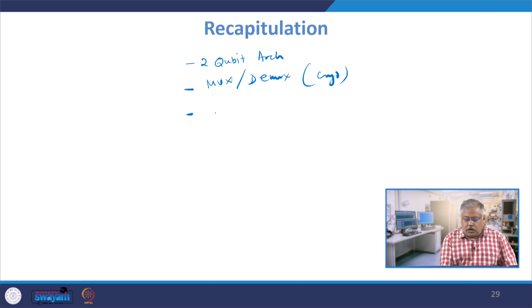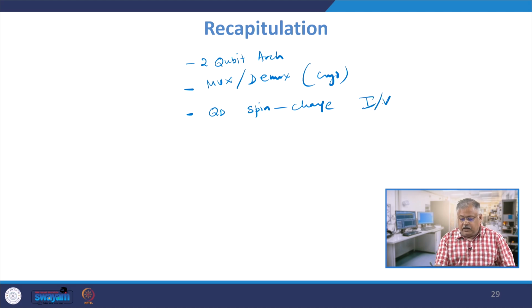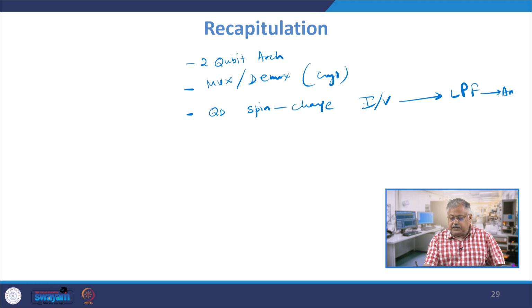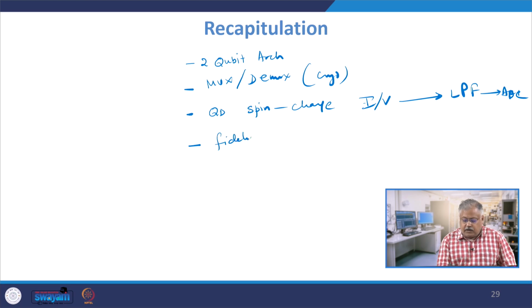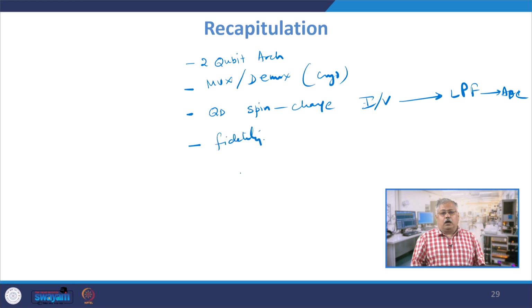We also saw various mechanisms of quantum dots and how I am able to convert a spin to a charge for extraction, and I should have an IV current to voltage, which goes to an LPF for removing the noise, and goes to an ADC for converting the input voltage to a particular value. And then we saw the fidelity gets improved if you have much better control over the 2-qubit system. So this lecture was primarily understanding of the scalability of a quantum dot or a quantum system. Higher qubit systems scalability can be understood here.